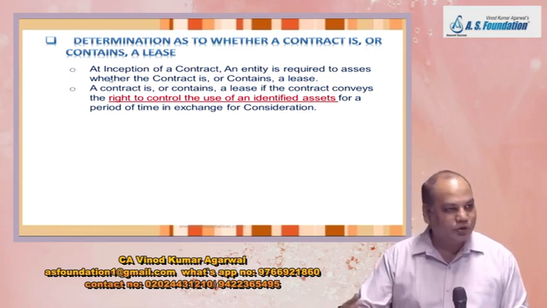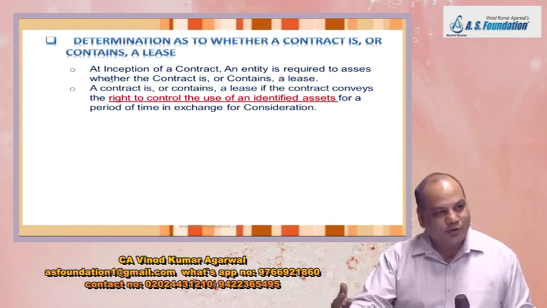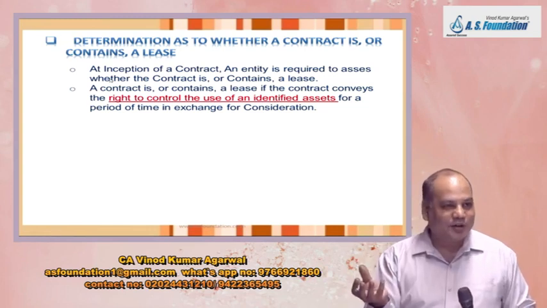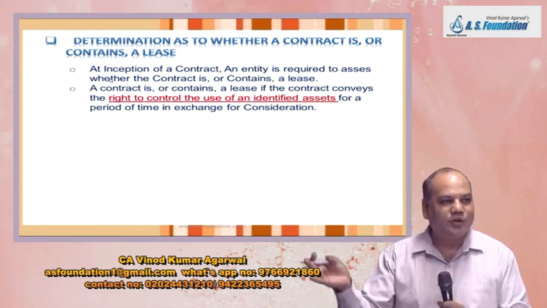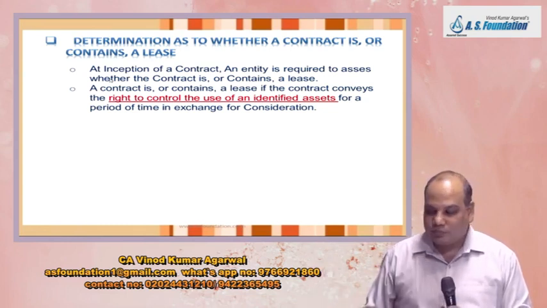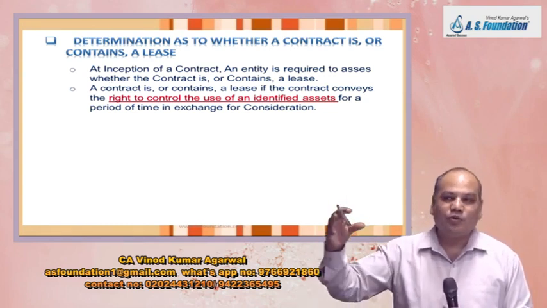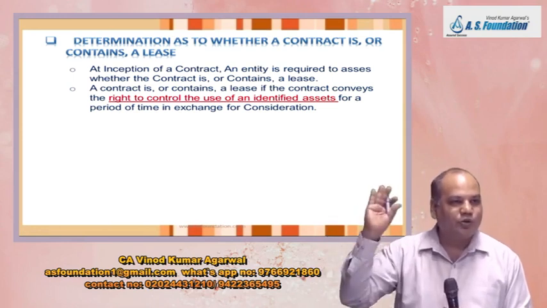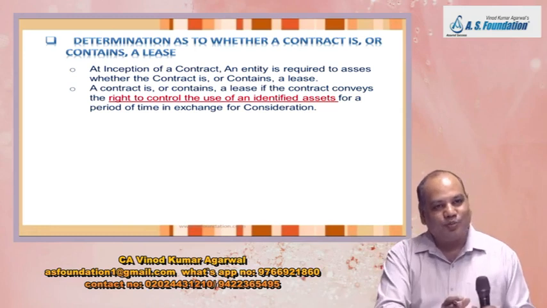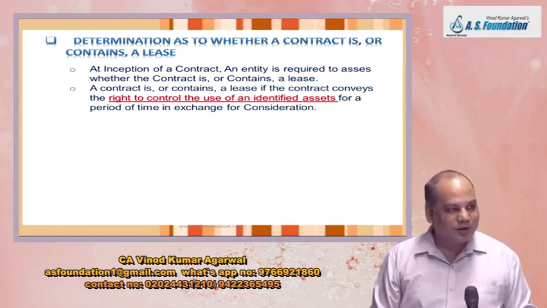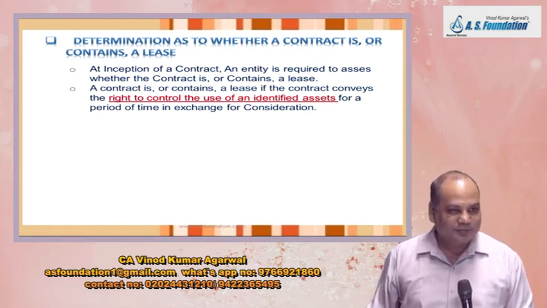When you take a bus to go to Mumbai, that is also like a lease transaction, but it's for a very short duration, and therefore we just treat it as an expense. But if I ask the bus owner, give me this bus, I'll use it for 5 years, and every year I'll pay you the rent, I'll use it to go to Mumbai every day, then it falls under this standard.